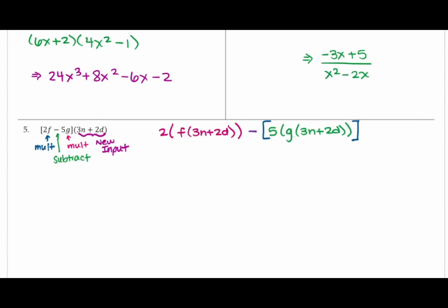So let's do this. Let's just think of the f function on its own. What does the f function state? That tells us to take 3, input the new input, and we have minus 1. That's the definition of the f function.